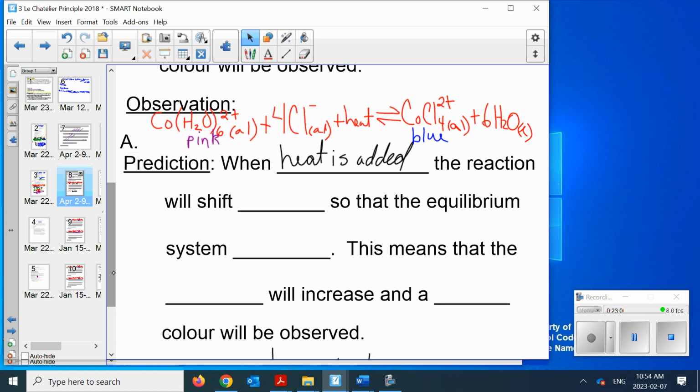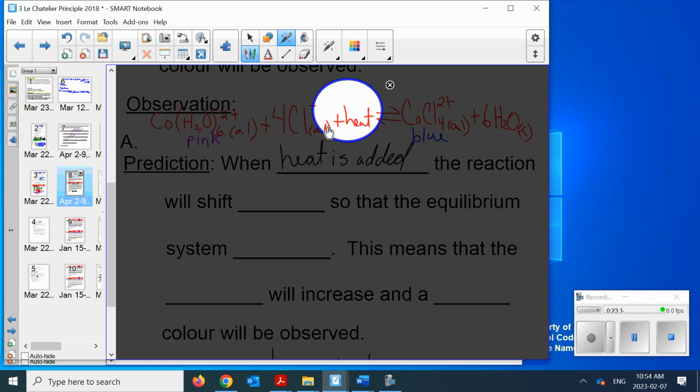Now, heat is energy. Let's go through this first one and we'll make a prediction as a group. When heat is added, well, heat is part of the reaction. It's energy. You're going to have extra energy, and it's just like having an extra chemical. It might be easier to think about that.